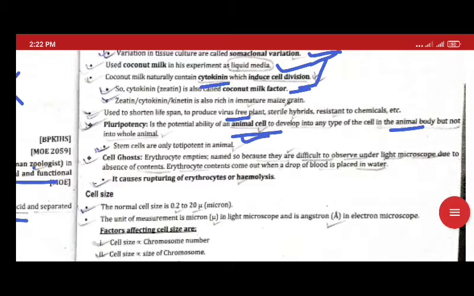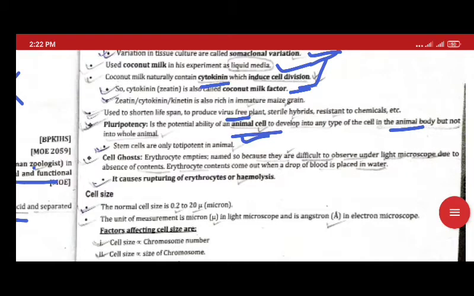Now cell ghost. A cell ghost is like when an RBC or erythrocyte is kept in water, then the erythrocyte's chemical content is displaced into the water and goes out of the cell.